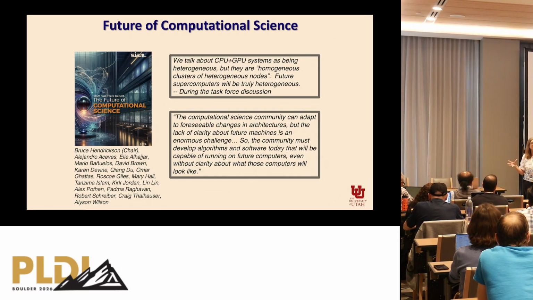The CPU was the orchestrator, the GPU was doing all the work. And so somebody said, these are homogeneous clusters of heterogeneous nodes. They're not the heterogeneous systems that we're going to see coming down the line.